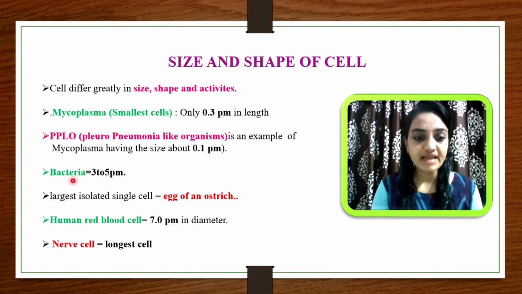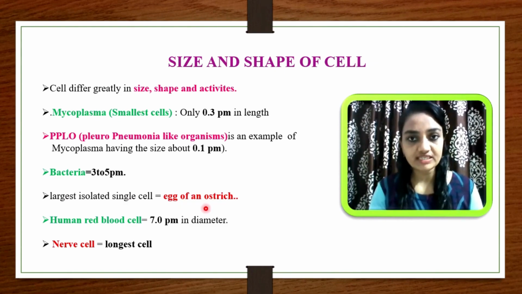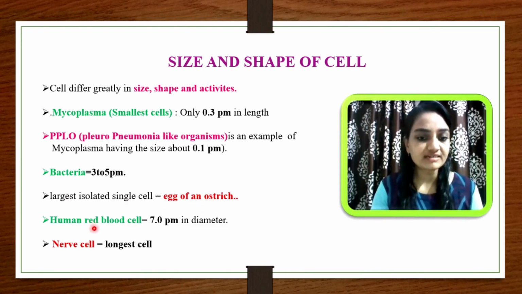Then bacteria will have a size of 3 to 5 micrometer. Then the largest isolated single cell, meaning the largest cell which is isolated, is an egg cell, the egg of an ostrich. This is the largest cell. Then human red blood cell. Human red blood cell has 7.0 micrometer in diameter.